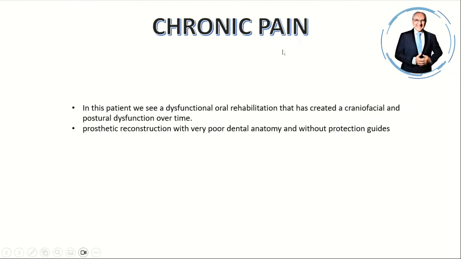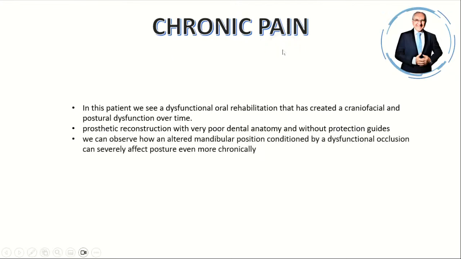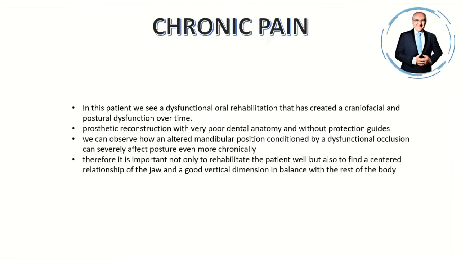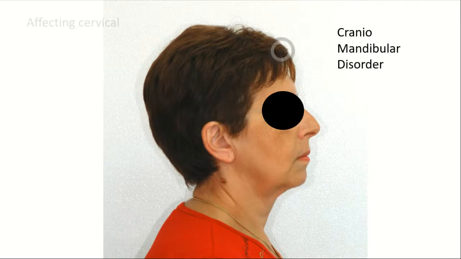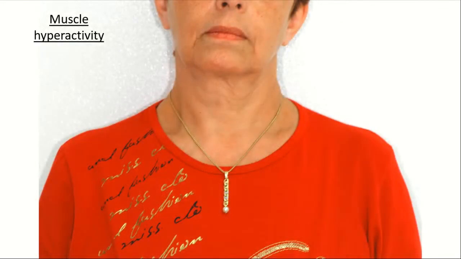Here, a very bad prosthetic restoration, poor anatomy, poor function, and the jaw position, craniomandibular disorder, affecting the cervicals. But not only that, it affects the posture, with muscle hyperactivity.